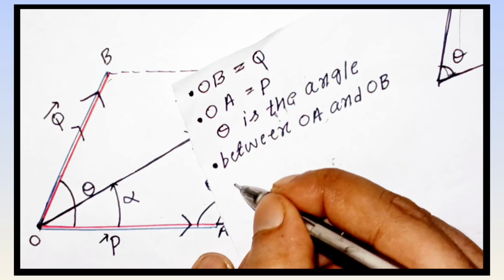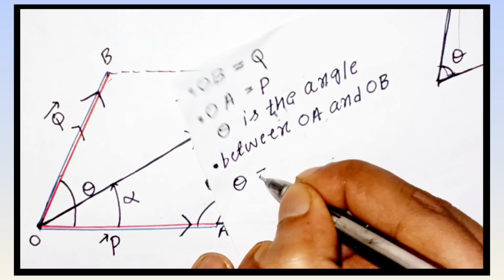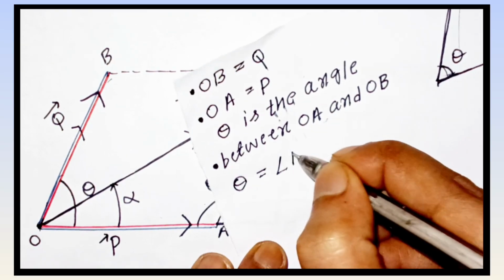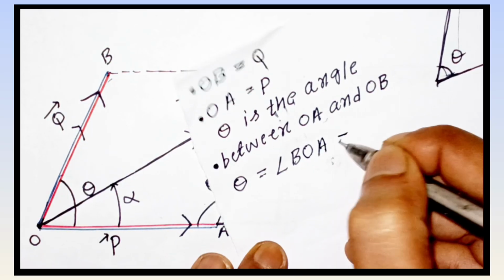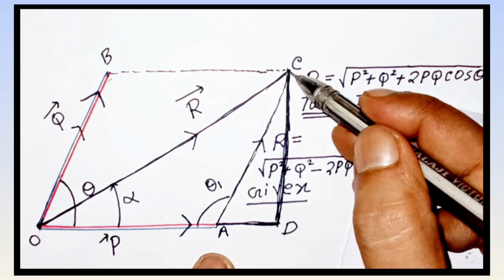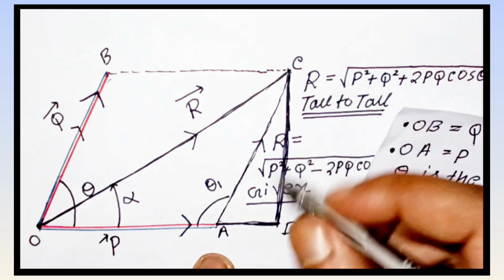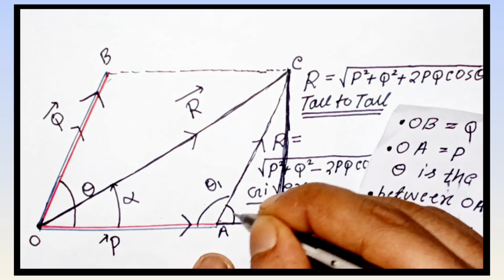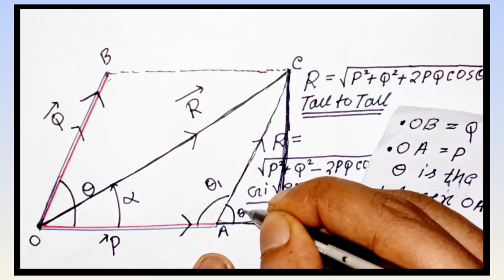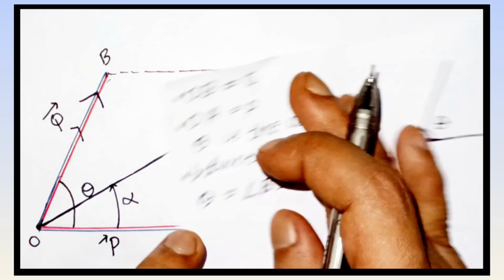Then we can say that CAD is also theta. Wait, I am watching you in the diagram. This is what the question says, and this is CAD, theta, a similar angle, because OB and AC are parallel lines and OD is the intersecting line.